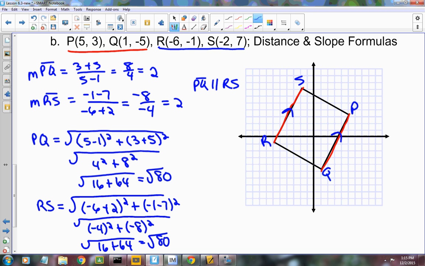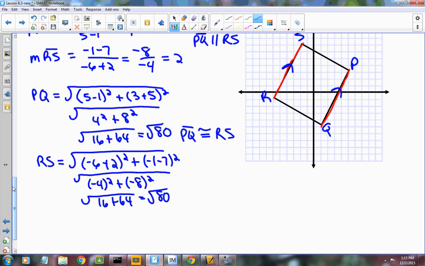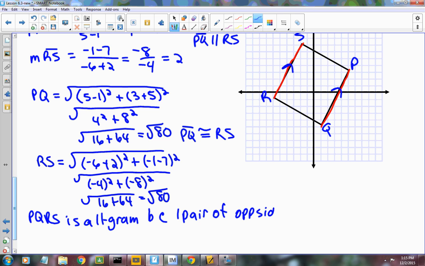So are they the same length? Yes. PQ is congruent to RS. So is this guy a parallelogram? Yes. PQRS is a parallelogram because one pair of opposite sides is both parallel and congruent.